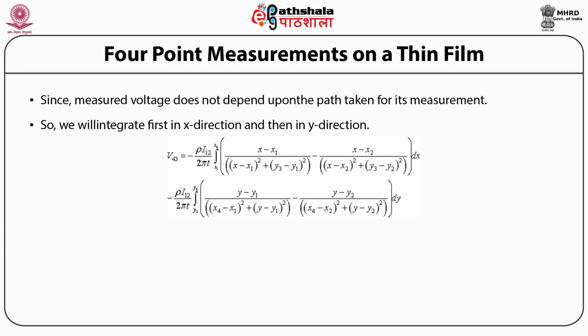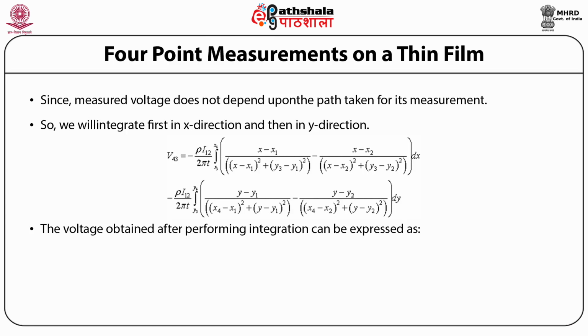So V43 equals minus ρ I12 divided by 2πt times the integral from x3 to x4 of [(x minus x1) divided by ((x minus x1) squared plus (y3 minus y1) squared) minus (x minus x2) divided by ((x minus x2) squared plus (y3 minus y2) squared)] dx, minus ρ I12 divided by 2πt times the integral from y3 to y4 of [(y minus y1) divided by ((x4 minus x1) squared plus (y minus y1) squared) minus (y minus y2) divided by ((x4 minus x2) squared plus (y minus y2) squared)] dy.